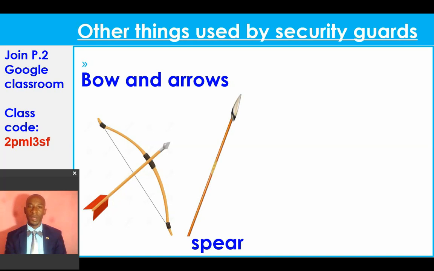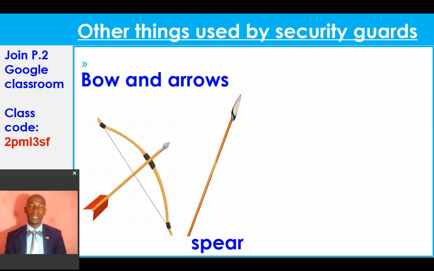Next is spear. You remember the story of Jipiri and Labong? That story I will not tell it to you in this lesson, but it is also a good story on its own and a topic. You can search and read about it. But somewhere, a spear was used when an elephant came and was in the maize plantation.